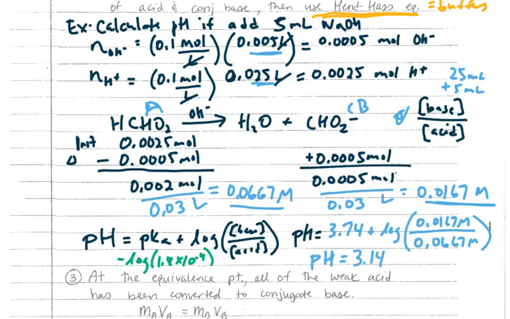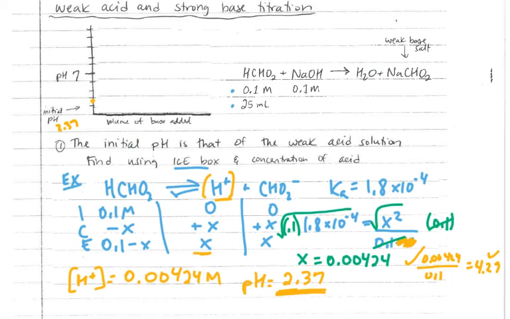The log of this fraction is negative 0.601. So it's 3.74 minus 0.601, and that equals a pH of 3.14. All right, so if we go back real quick to this page, after we've added 5 milliliters, we have a pH of 3.14.